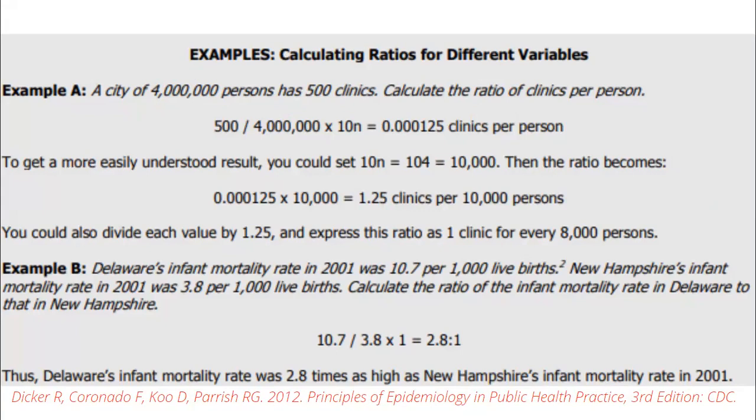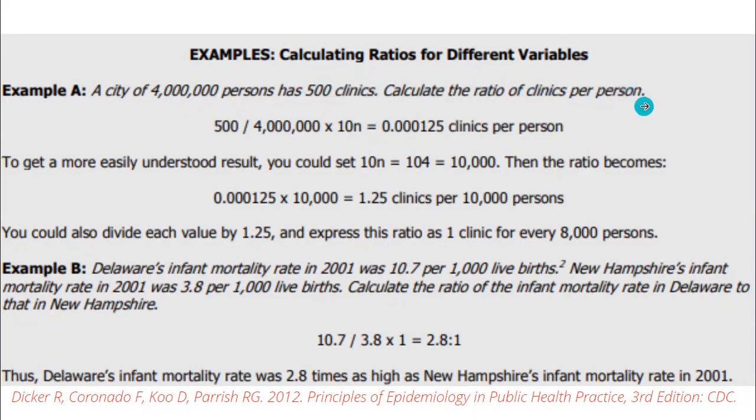So we are going to determine the number of clinics per person. So the two groups that we are going to compare are the number of people living in that city and the number of clinics within that city. So the order is clinics per person.